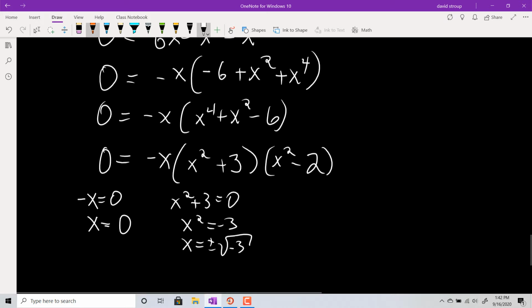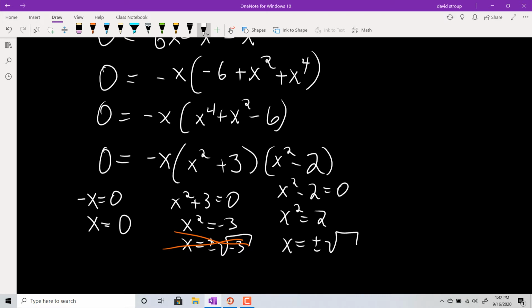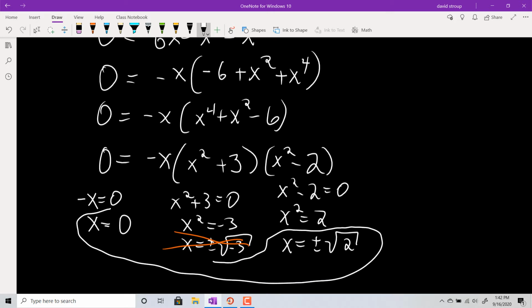No help there. And then the last one, x squared minus 2 is 0, so x squared is 2. The square root property says x is plus or minus root 2. So we're just getting these 3 zeros in this particular case. And again, we're only caring about real numbers.